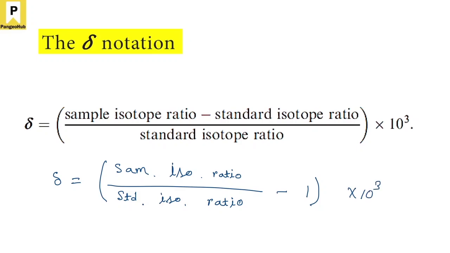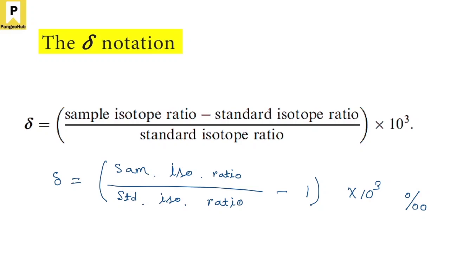Now this is actually expressed in per mil. The sign of per mil is like this. It is similar to the percentage sign, just with an extra zero. Now, as you can see, this is a relative thing with reference to the standard.